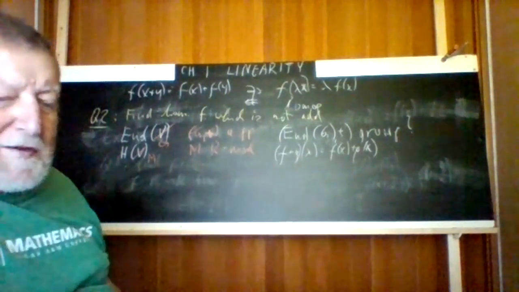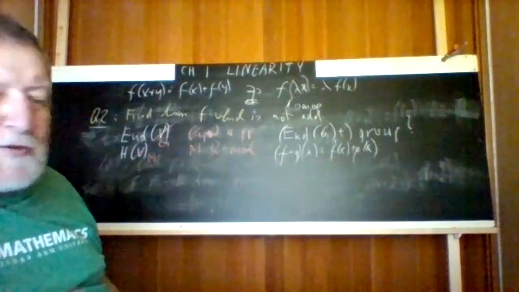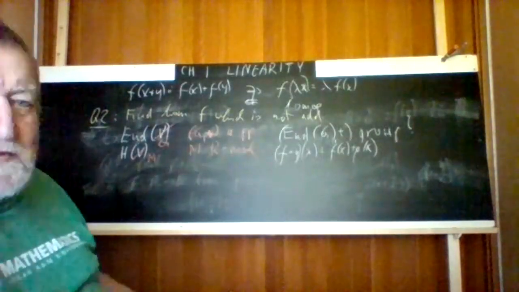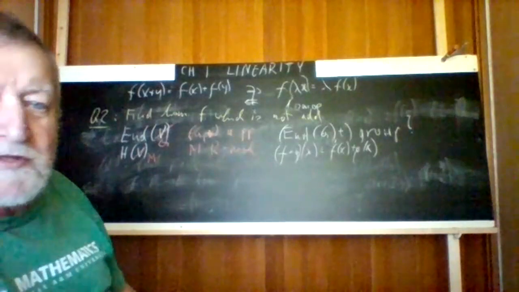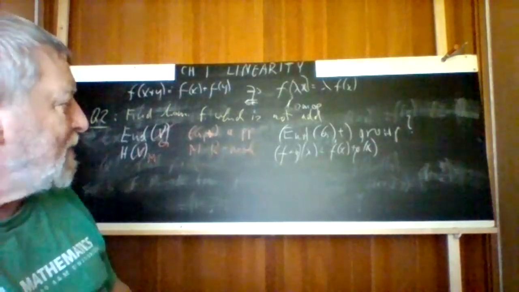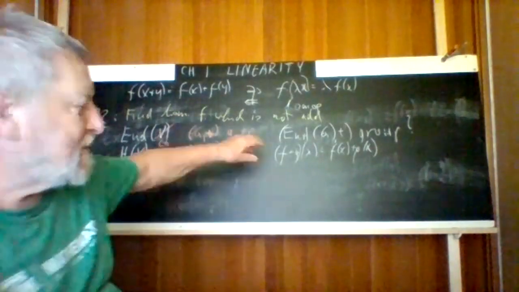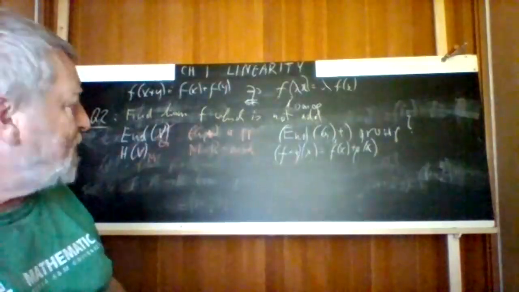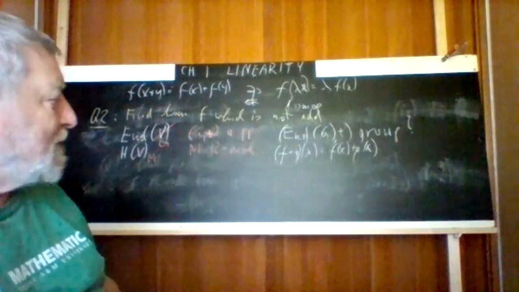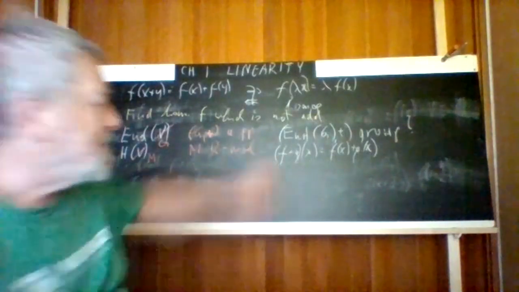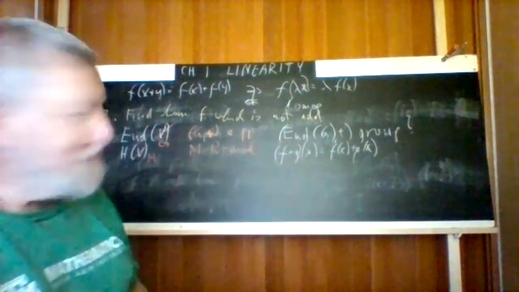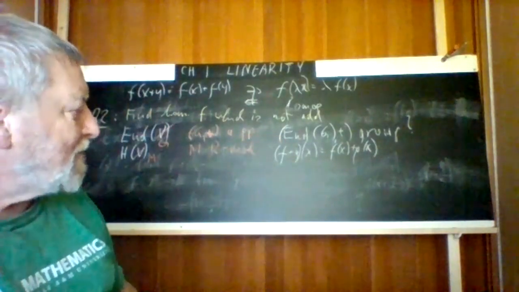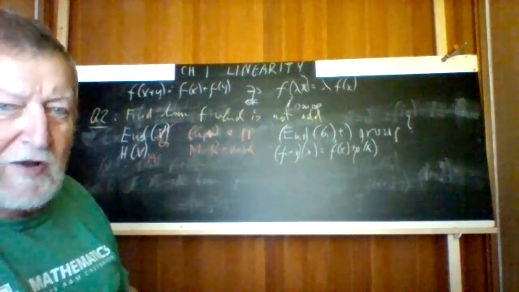And we can start to find out if this is a group. Sometimes students, but also professionals, forget about the most important thing before they start with associativity and so on: they don't look at whether this is closed altogether. So if the sum of two endomorphisms is really an endomorphism.